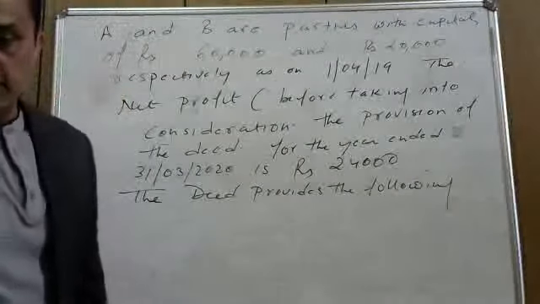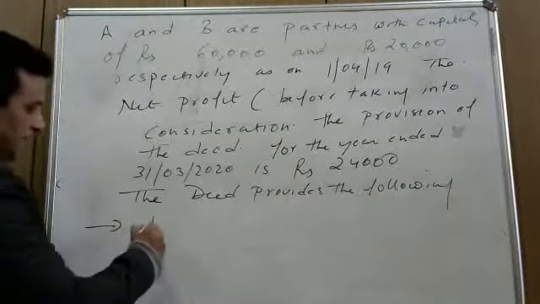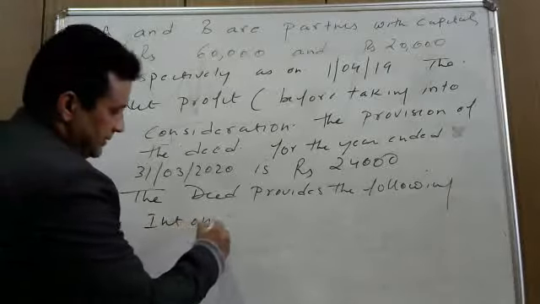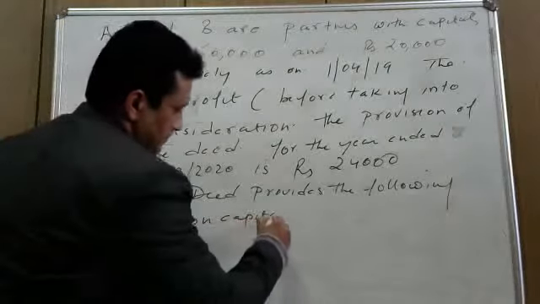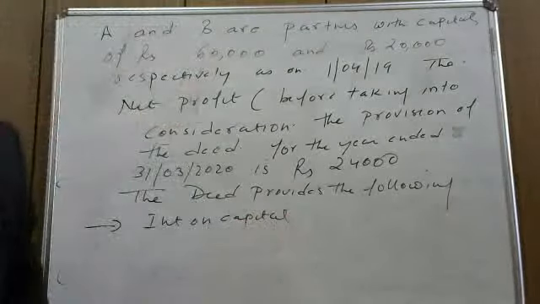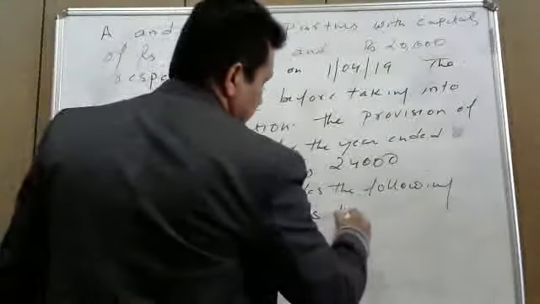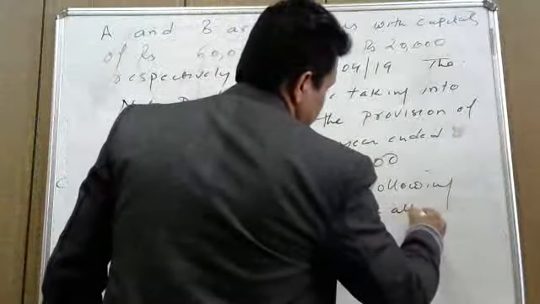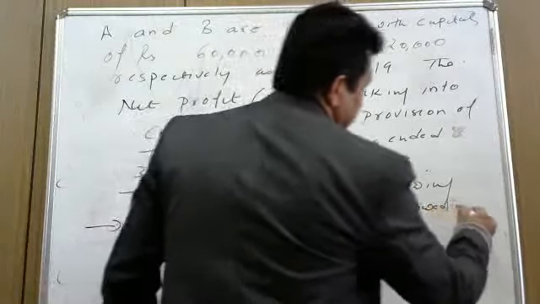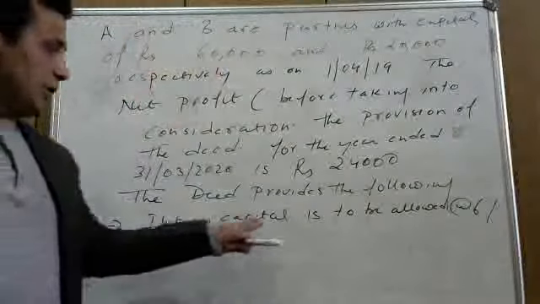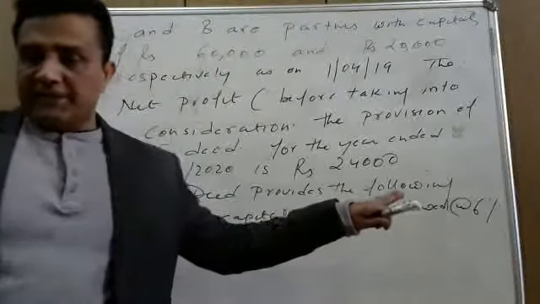First is interest on capital. Interest on their capital is to be allowed at the rate of 6%. The first condition is interest on capital is to be allowed at the rate of 6%.